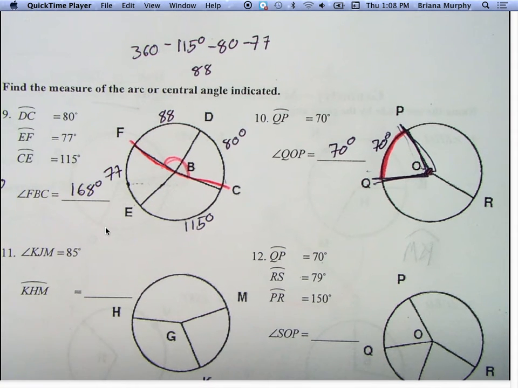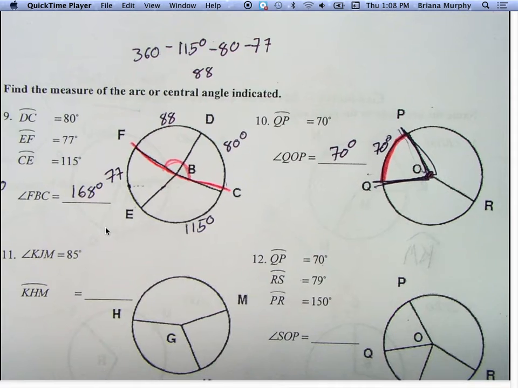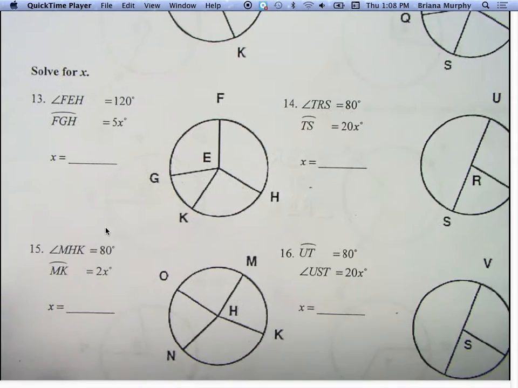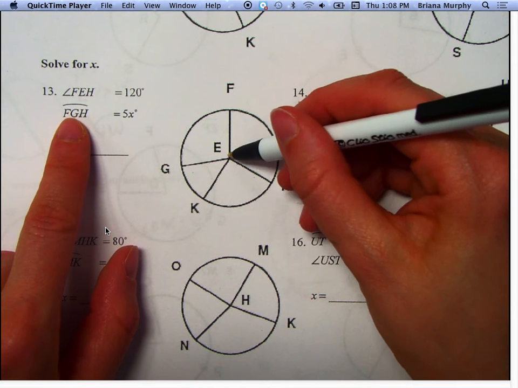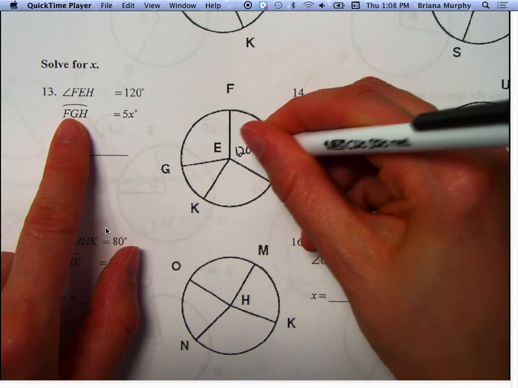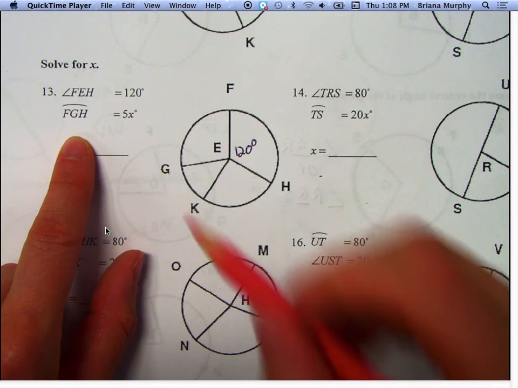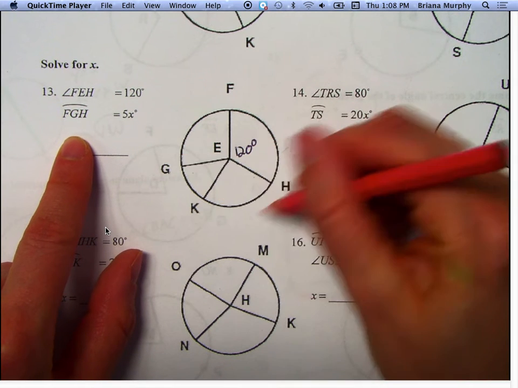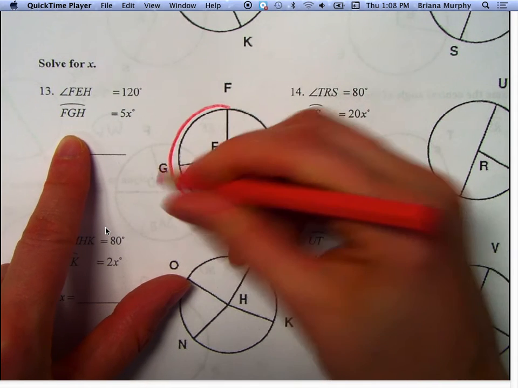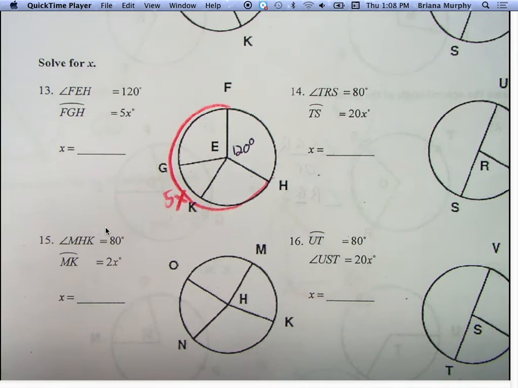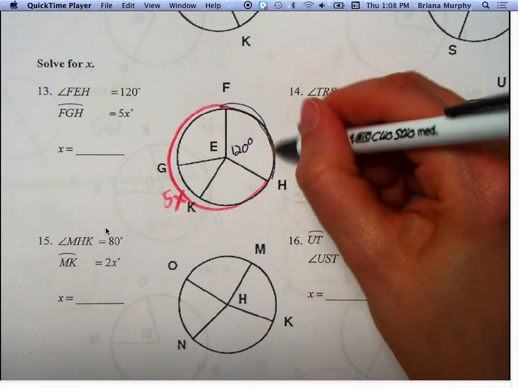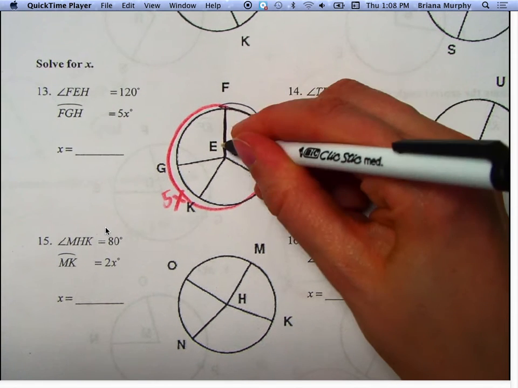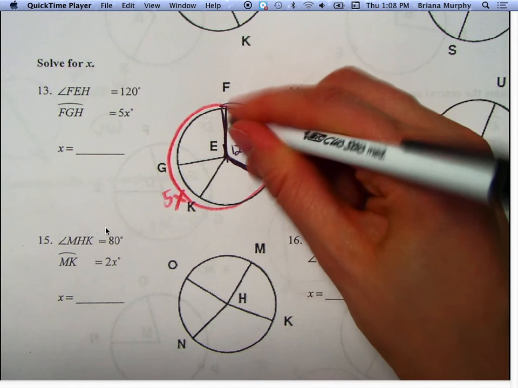Okay. Let's try number 13. We're going to go to the bottom and try number 13. Okay? Angle FEH is 120 degrees. Arc FGH, this whole length, is 5x. I want to figure out what x is. So if this angle is 120, what's this arc? This arc is 120.